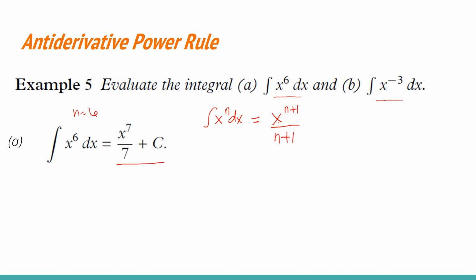So x, and then 6 plus 1, that's why it is 7, and then divided by 6 plus 1. That is why it becomes x raised to the power of 7 divided by 7 and then plus c.